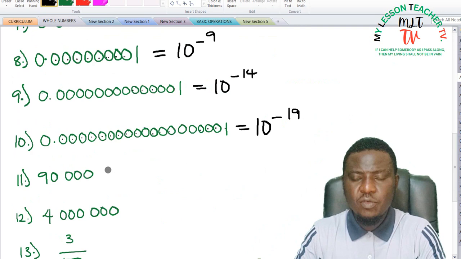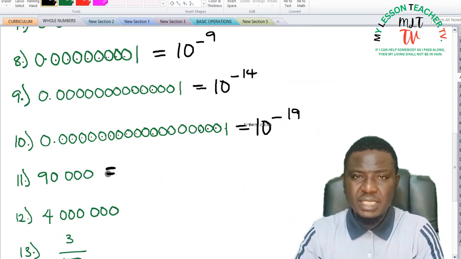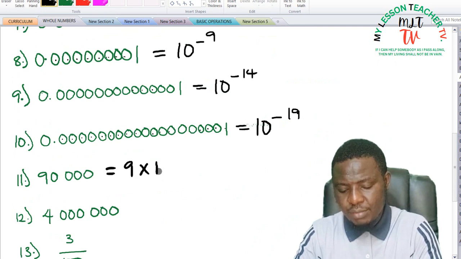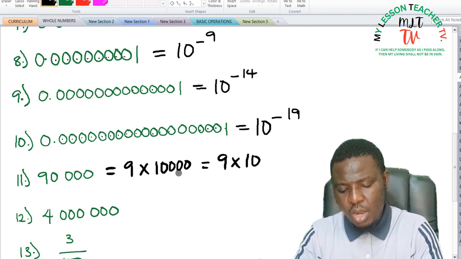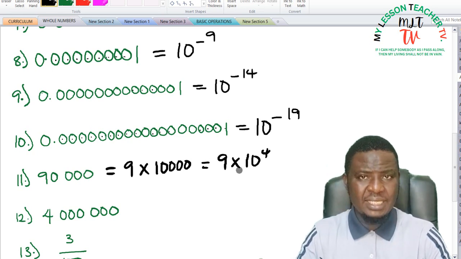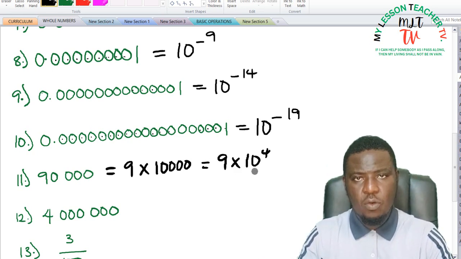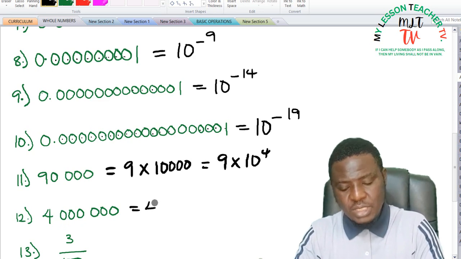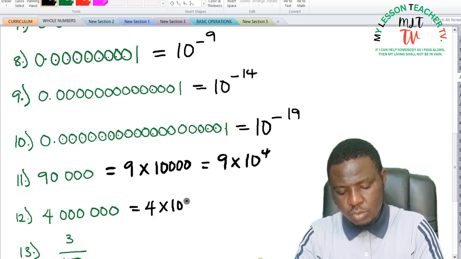11 can be expressed in standard form as, this is 90,000, and 90,000 can be said to be 9 times 10,000. For 10,000 is expressed as 10 raised to the power of 4. So 90,000 can be expressed as 9 times 10 to the power 4. 12, this is 4 million. 4 million can be expressed as 4 times a million.